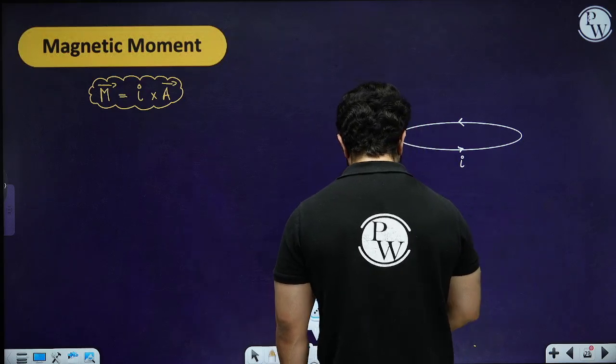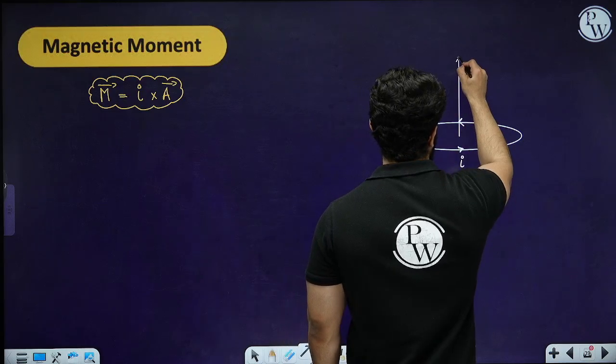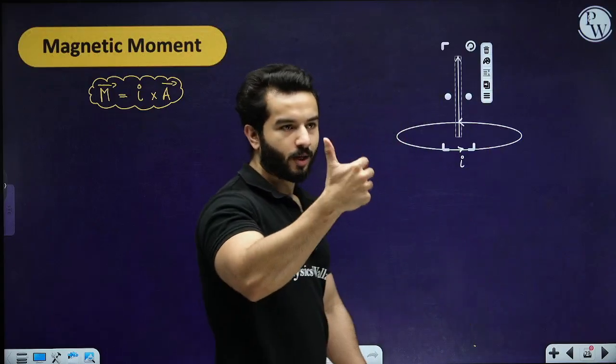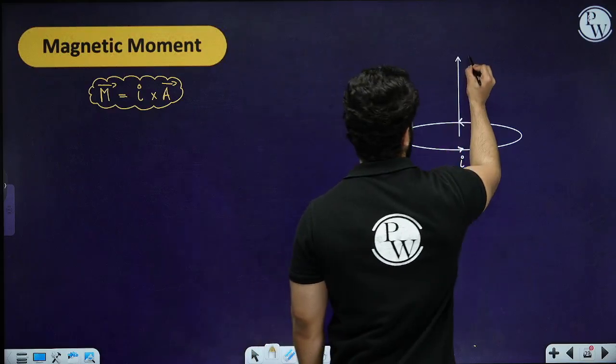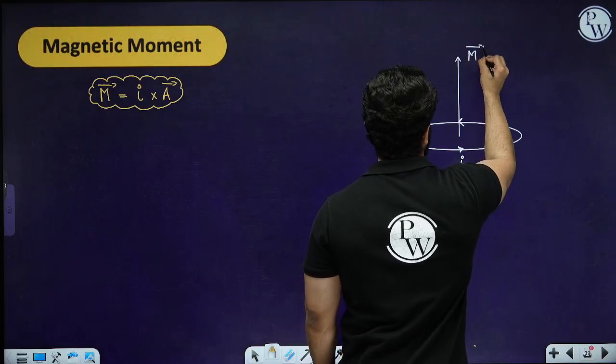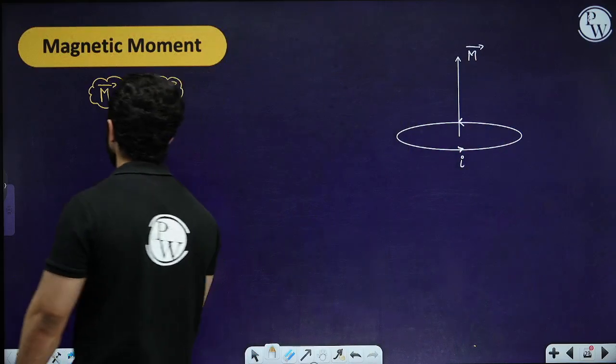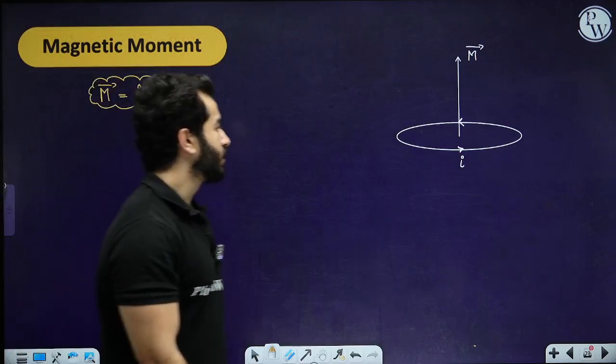So magnetic moment will be in this direction using your normal right hand rule, right? It is a vector quantity.